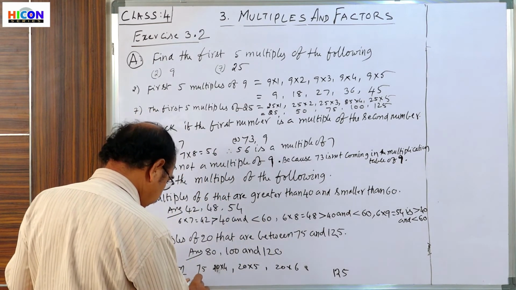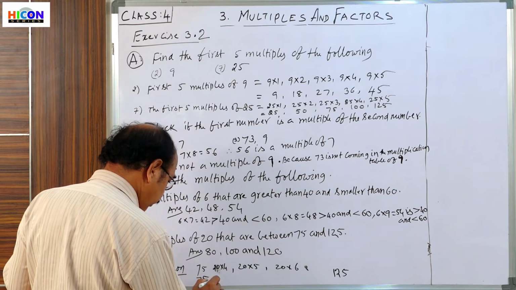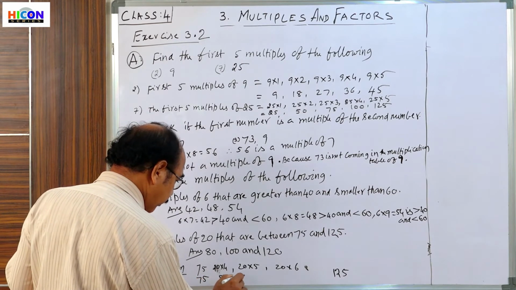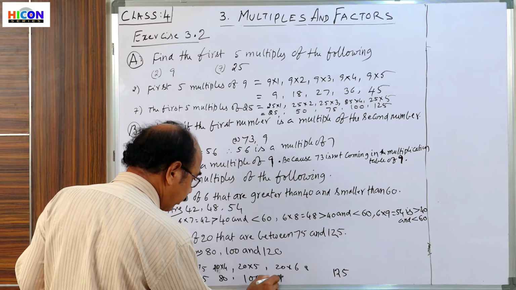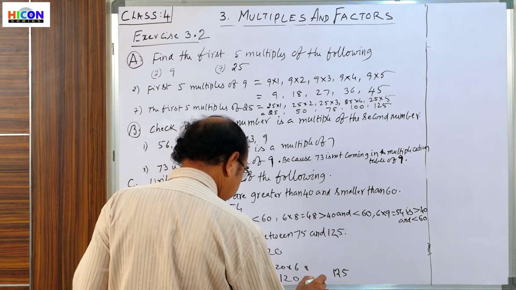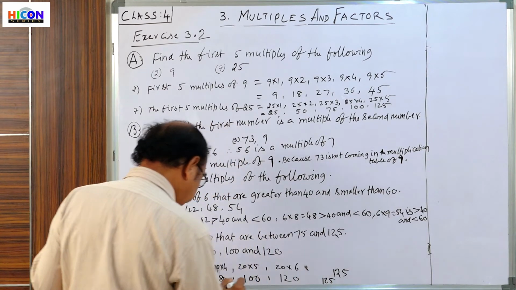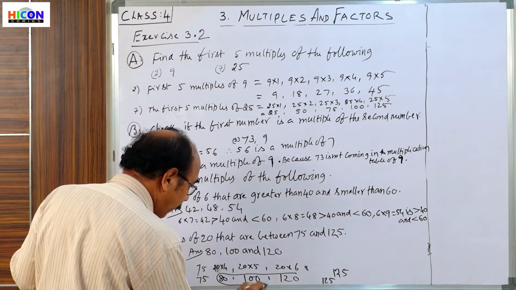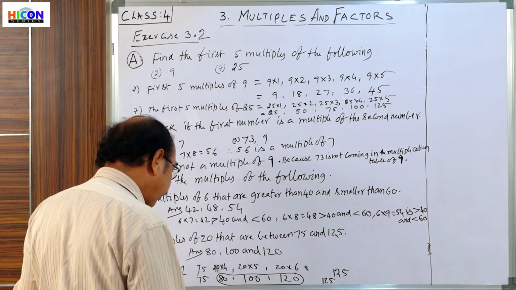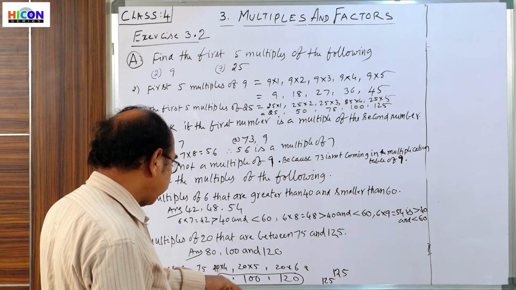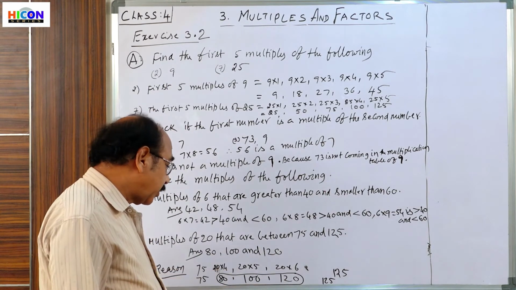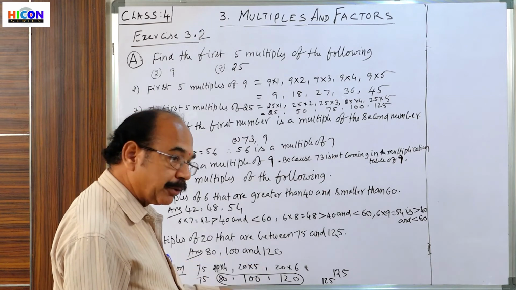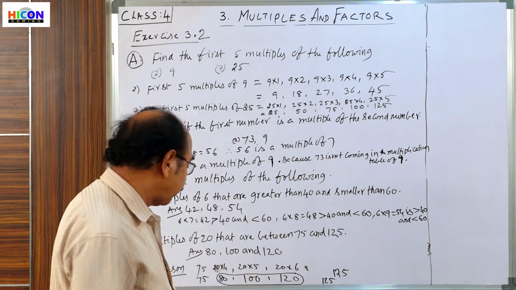You see, children. 75, here 80, here 100, here 120. So the three numbers 80, 100 and 120 are in between 75 and 125.